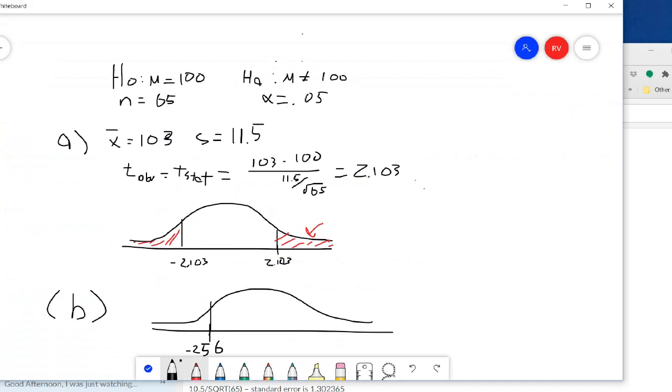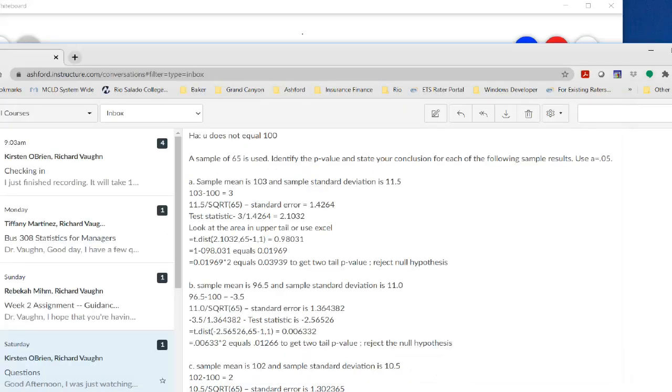So if I find the left area, that's the one that I want. That's more extreme, the left area here. And then I can just find the plus 2.56 as the doubled part. So I can find the left area without doing the 1 minus, because Excel always does left, with a caveat.